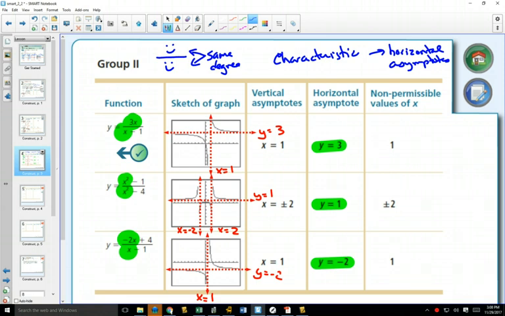But your non-permissible values will either turn into holes or they'll turn into vertical asymptotes. So if you have the same degree, then you have horizontal asymptotes. So group 1 had a bigger degree on the top. Group 2 has degrees the same. Here's group 3.